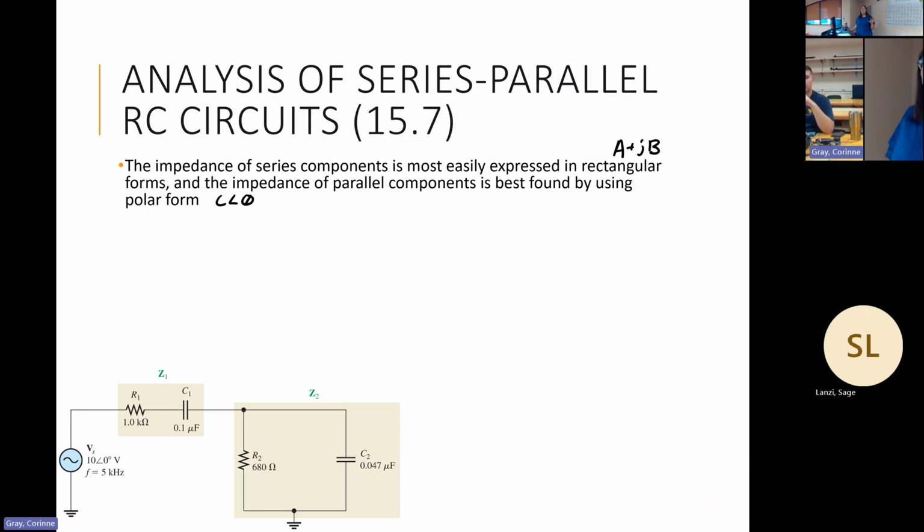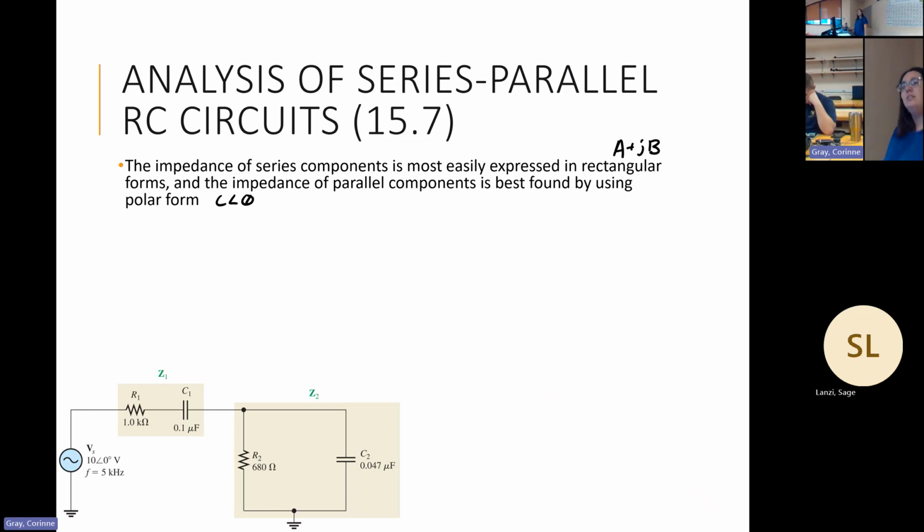When you do that, typically your Z will pop out in polar for the parallel part. So you'll do that one extra step of converting it into rectangular, then add them. They need to be in the same format. You can add in polar, but it tends to be a tiny bit harder.